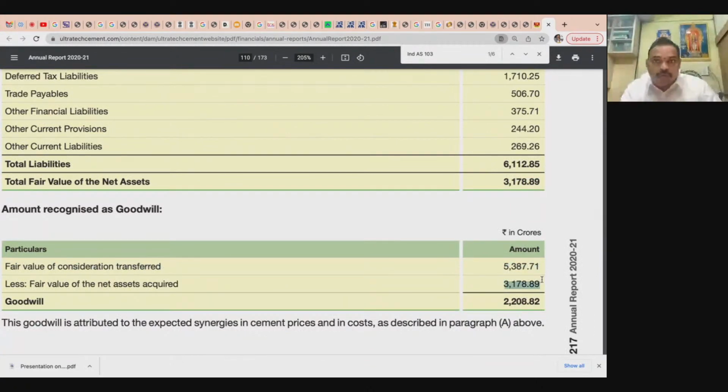For 3,000 and odd worth of net fair value, 5,000 and odd crores of money is transferred. Naturally, 2,208.82 is money paid in excess. Okay, surplus. This is called goodwill. And this goodwill is paid only because of an intangible asset which is not recorded in the books of accounts.